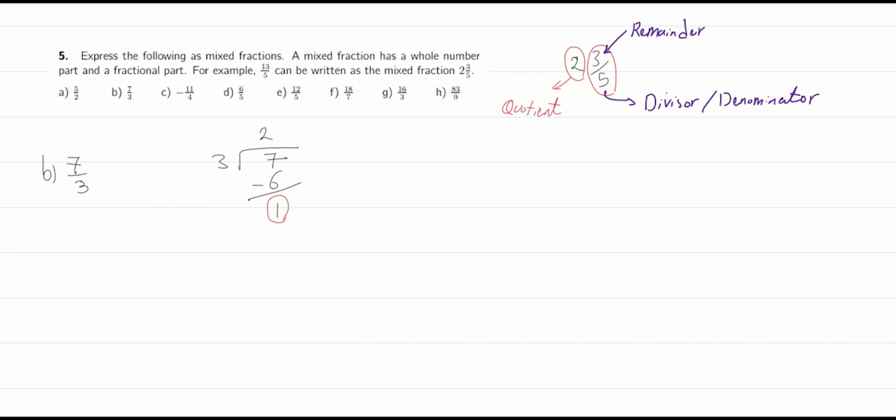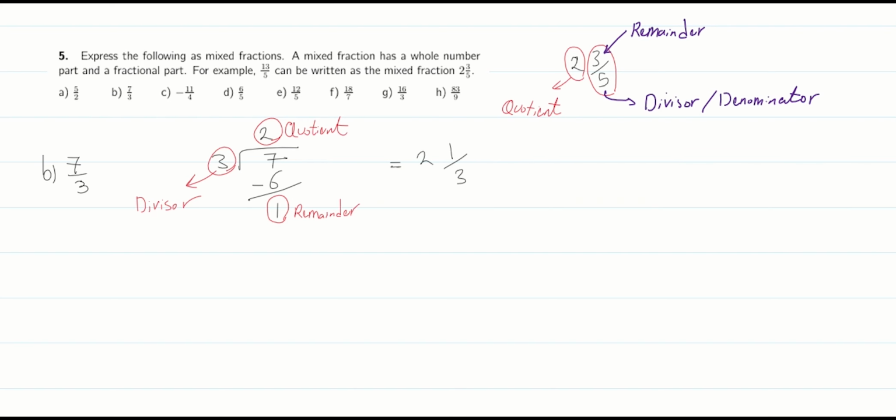So this would be the remainder. And this would be the quotient. And this would be the divisor or the denominator. So this can be written as 2, 1 over 3.